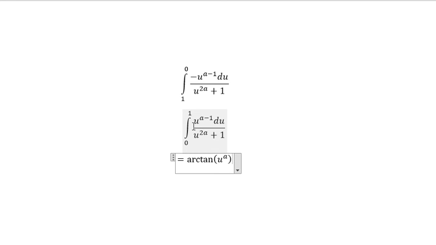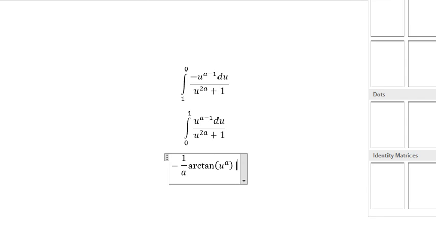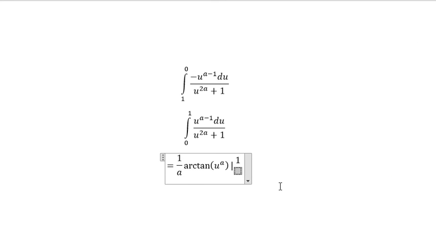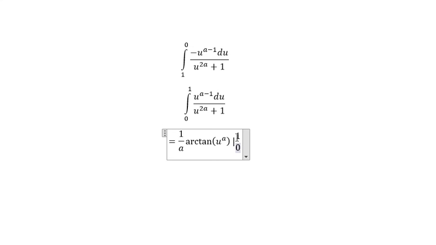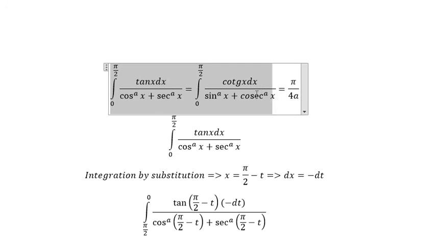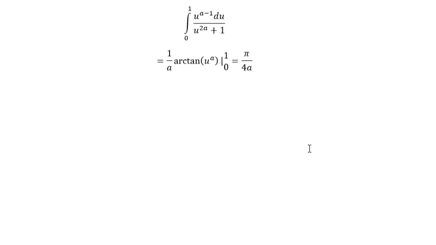Here they are missing 1 over a, so we put 1 over a here, and we put the limits 1 and 0. Later we put the number 1 in here, the number 0 in here, and we get π over 4a.